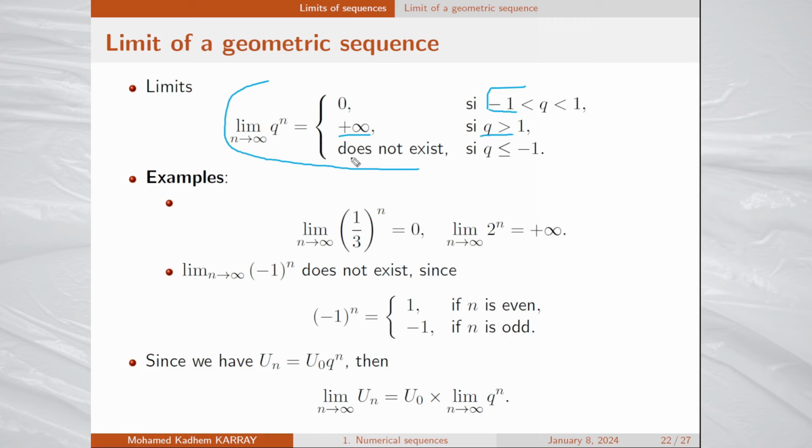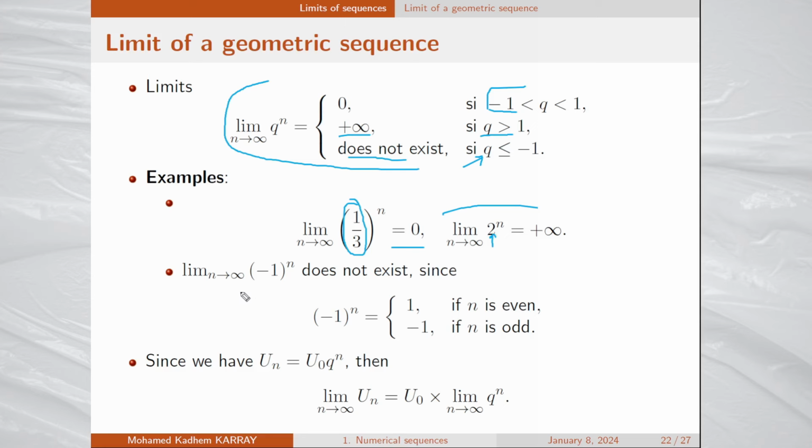And finally, this limit does not exist if q is smaller than -1. So as an application, since here q is between 0 and 1, we are in this case, the limit of 1/3 to the power n equals 0. On the contrary, since 2 is larger than 1, the limit of 2 to the power n equals plus infinity.